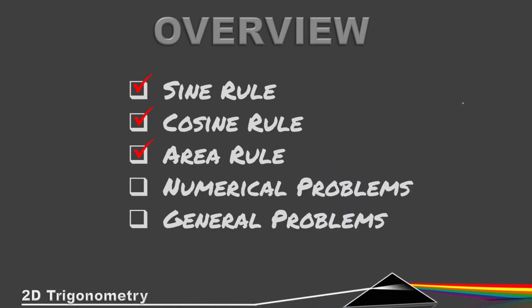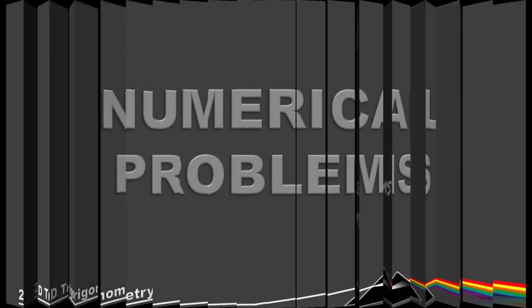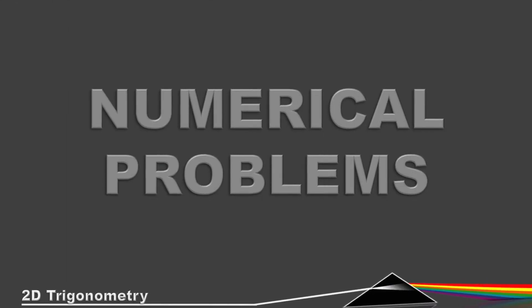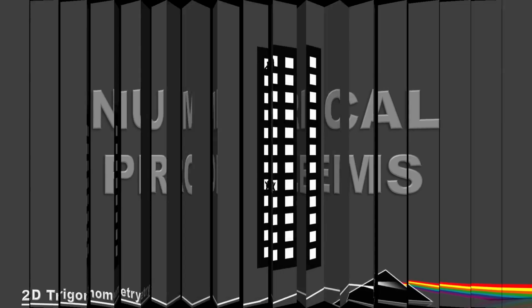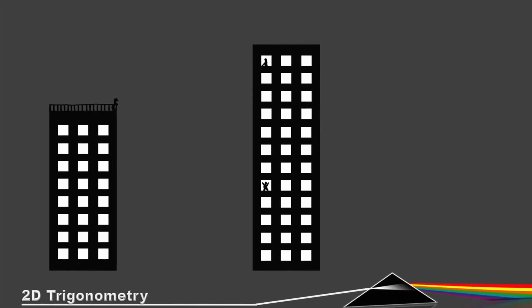So next up we have numerical problems. Right, now we are at numerical problems. Before we get started with the actual sums, I just need to explain something that is quite critical to know. In numerical problems, there are many real life scenarios that you will encounter, maybe buildings or ships and lighthouses, but I'm going to use these two buildings just to explain something.